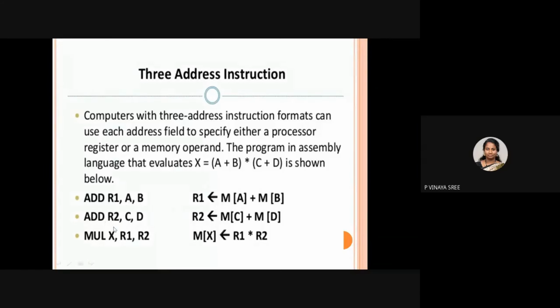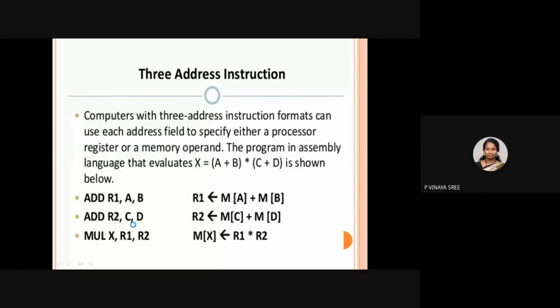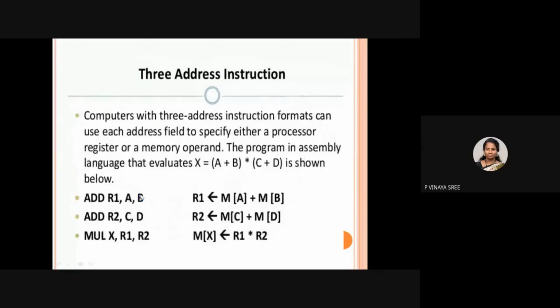If you write three, it's enough. But can anyone tell me if it is easy? The advantage of the three address format is that it results in short programs when evaluating arithmetic expressions. When compared to the other instruction formats, such as the two address format, it is somewhat less.